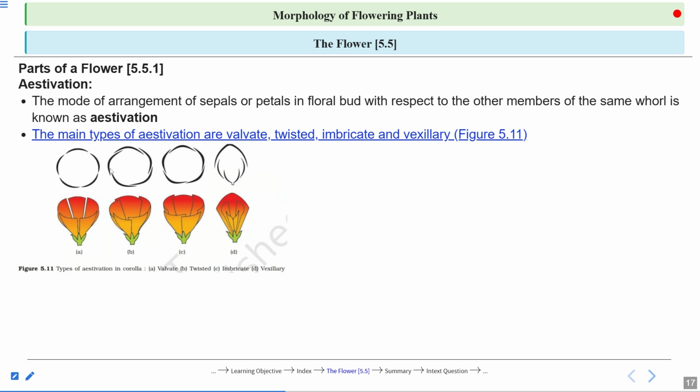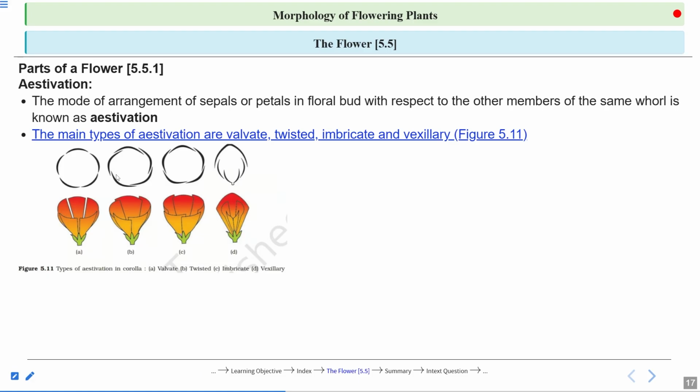If we start from here, in the case of twisted, one of the ends is twisted. How is it twisted? We are starting from this one. This end is down, but this end is up over the next one.